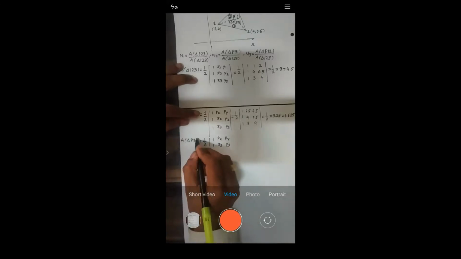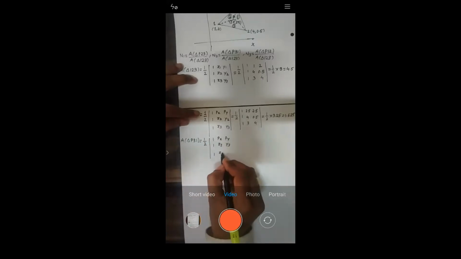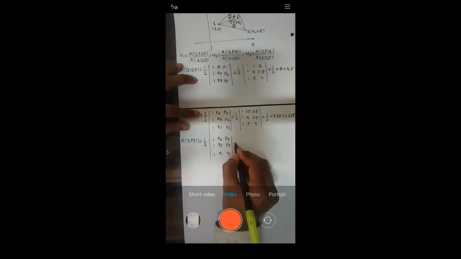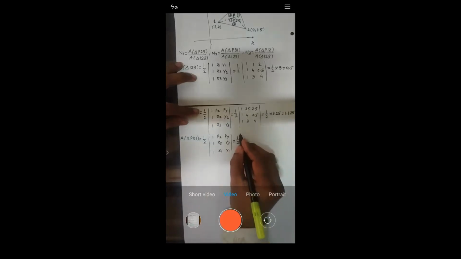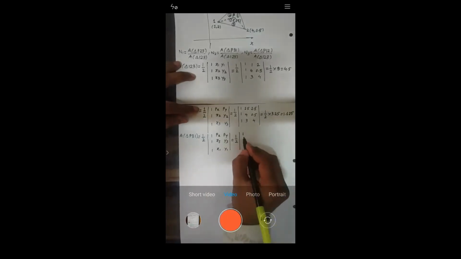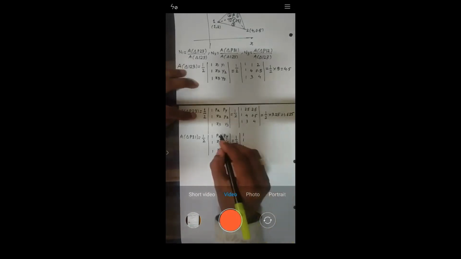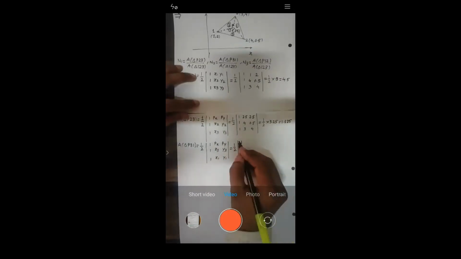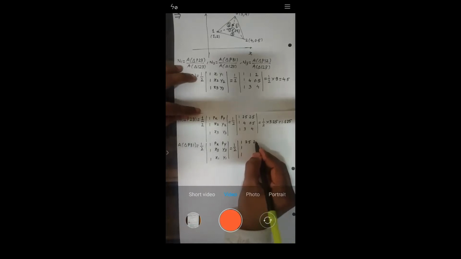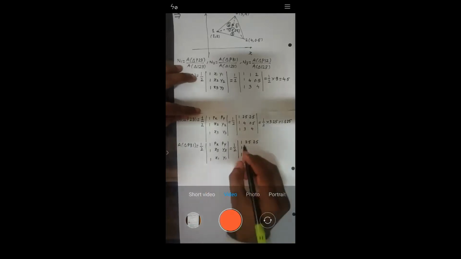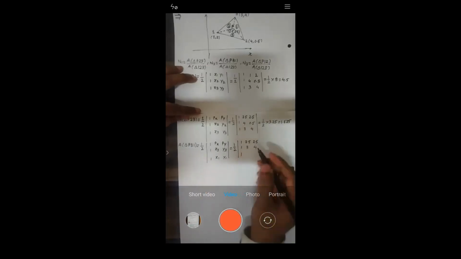Then you need coordinate of node 1, that is x1, y1. Okay. So it is given by half into 1, 1, 1, right? What is the x and y coordinate of node P? It is 2.5, 2.5. x3, y3, it is 3, 4. x1, y1, it is 1, 2, right?